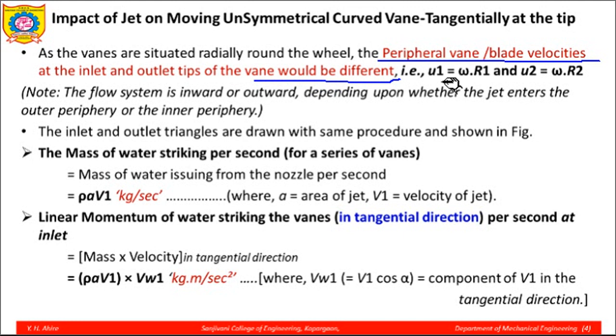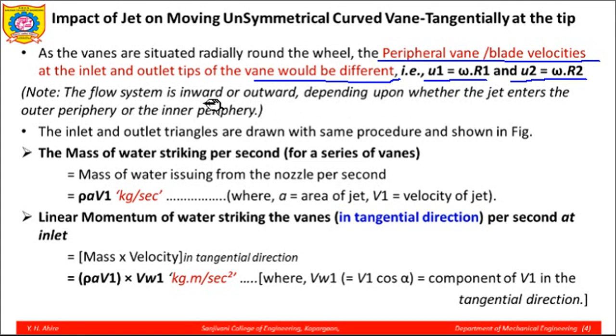Because the peripheral vane velocity at inlet, suppose U1, is equal to omega into R1, where omega is the angular speed of the wheel and R1 is the radius at the inlet of the wheel. Similarly, the peripheral vane velocity, or tangential velocity of the blade, at the outlet is U2, which is equal to omega into R2, angular speed into radius at the outlet, right?